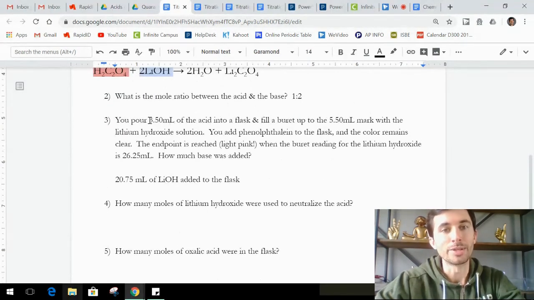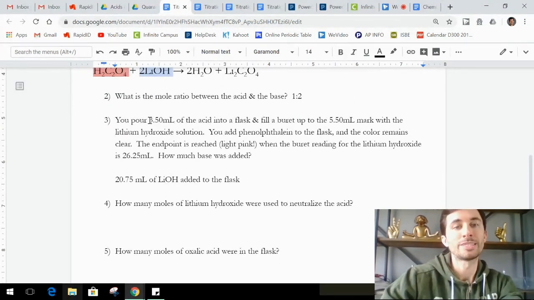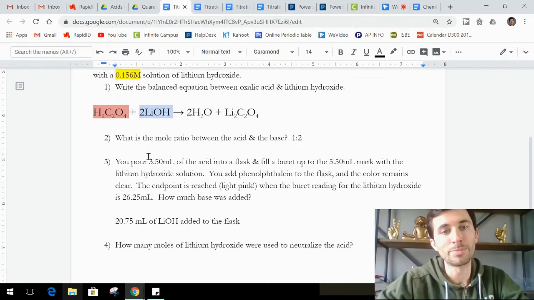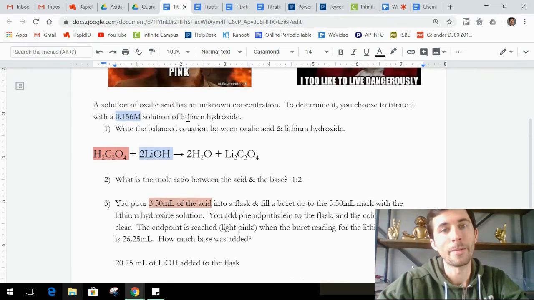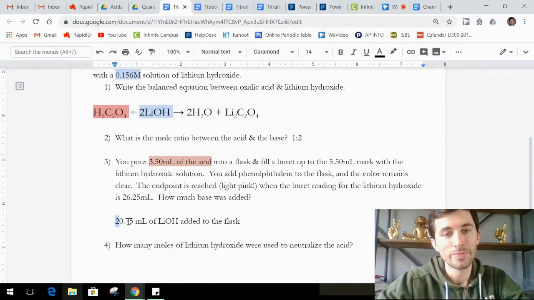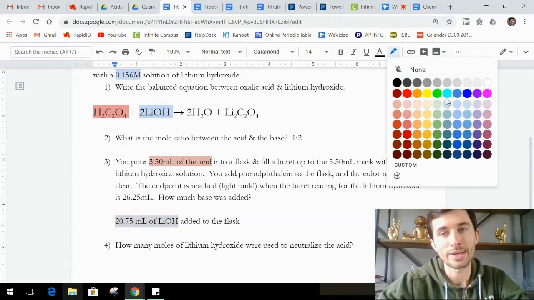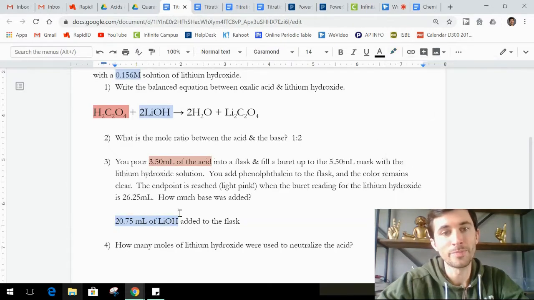Okay, but keep your acids separate from your bases. So some people will actually highlight things or color things in different colors based on whether it's an acid or a base. You could do that. So I'll go up here and just highlight the hydroxide molarity in blue. This is the hydroxide volume in blue.